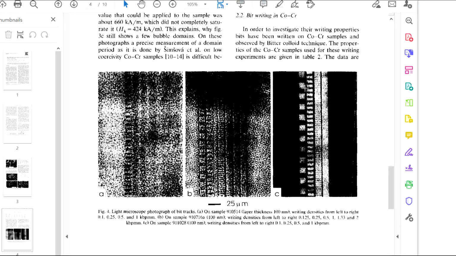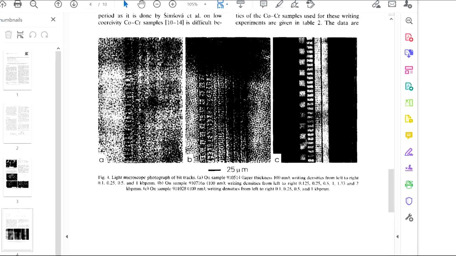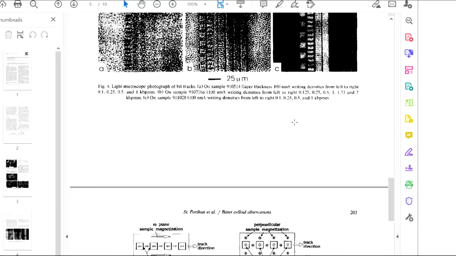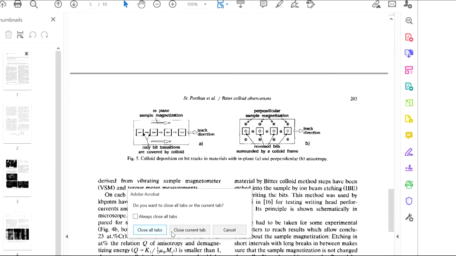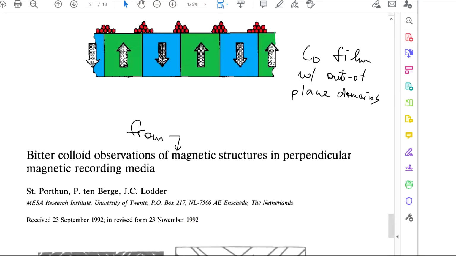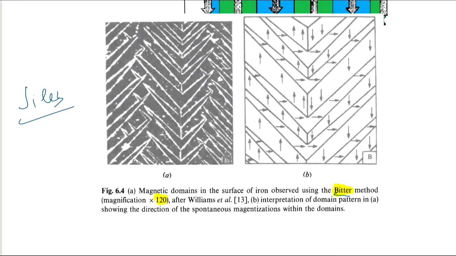So this is actual information written on cobalt chromium, written at different speeds, and they show how this information can be decoded using that. Okay, so this is just to illustrate the application of that method. Although it was done quite some time ago, it is quite modern.